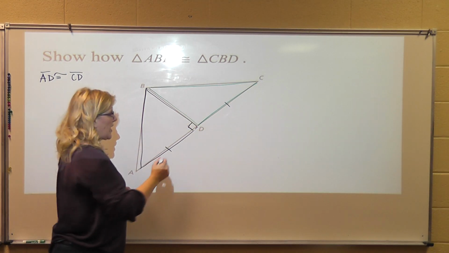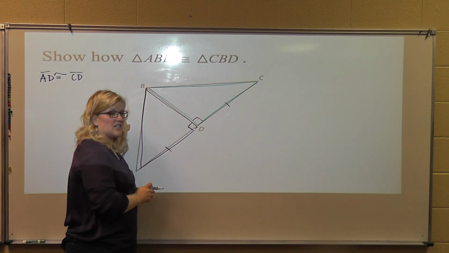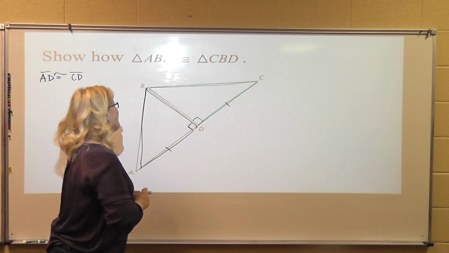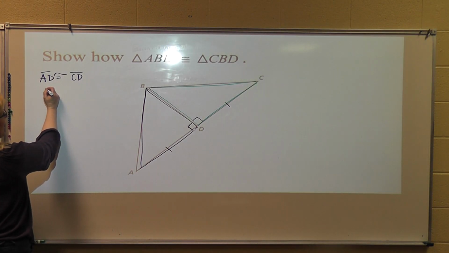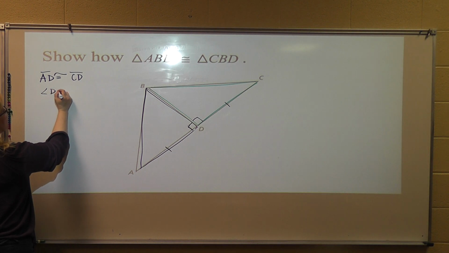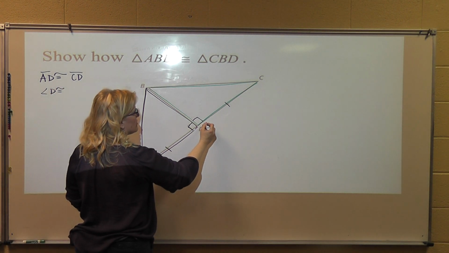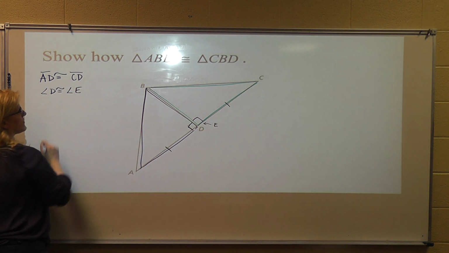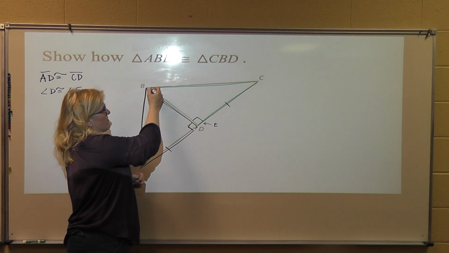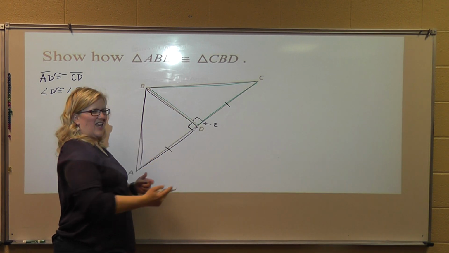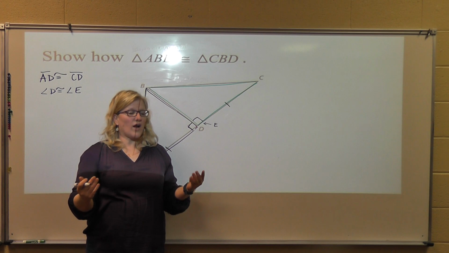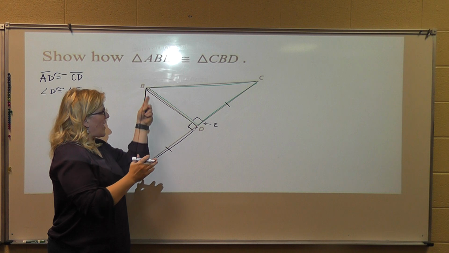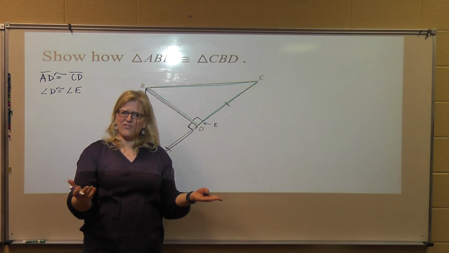If that's a 90-degree angle, then this has to be a 90-degree angle too. So angle D is congruent with, I'm just going to call this angle E, angle E. And lastly, we have this line right here, and it's only one line, or you could think of it as two lines backed up against each other. Wouldn't that line be congruent to itself?